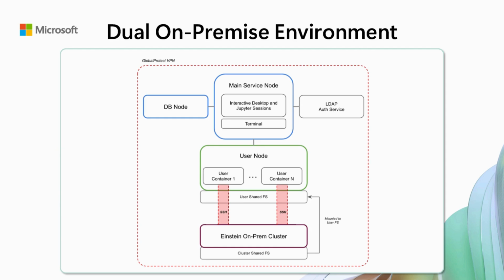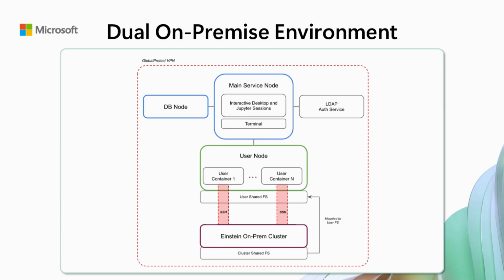The platform services, if you will, are in the top portion of the diagram, and that involves 3 nodes: a database node, the main service node that displays the web page, and then most importantly a user node that within it has these user workspaces, which are like the containerized environment where users can launch workflows, where they can connect to resources, and where they can keep a centralized location for their files.